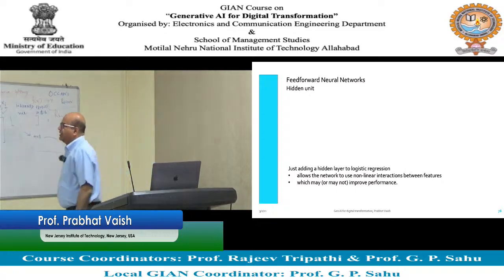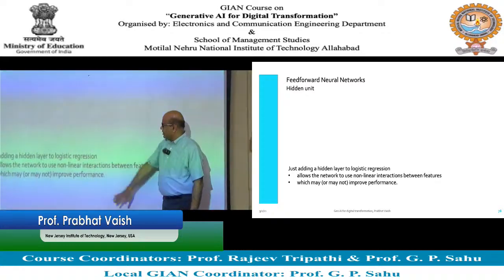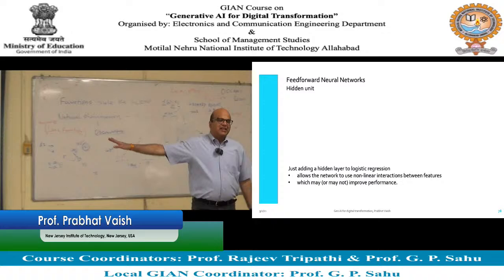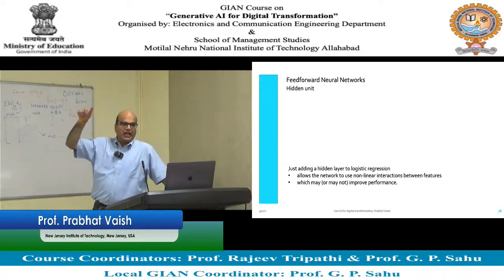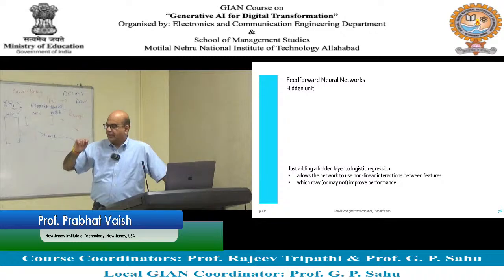So we learned that if you add a hidden layer to logistic regression, you can actually capture nonlinear interaction between features. Is that point clear? This is how we implemented the exclusive OR. Without having a hidden unit, we couldn't do the exclusive OR. We could only do the linear functions, which were the AND and OR. This is what I asked you to manually go through and see how the weights and biases can be learned so that you can implement an exclusive OR unit using one hidden layer.